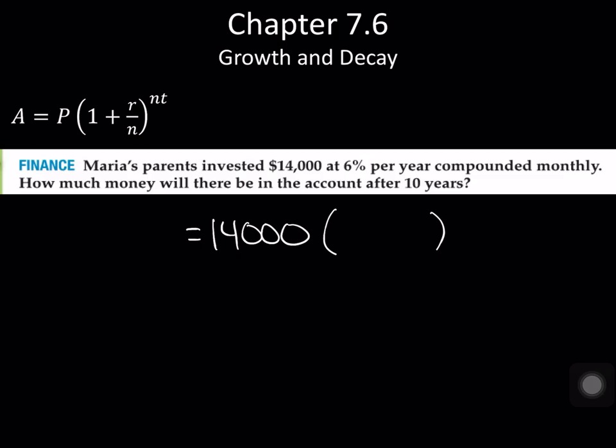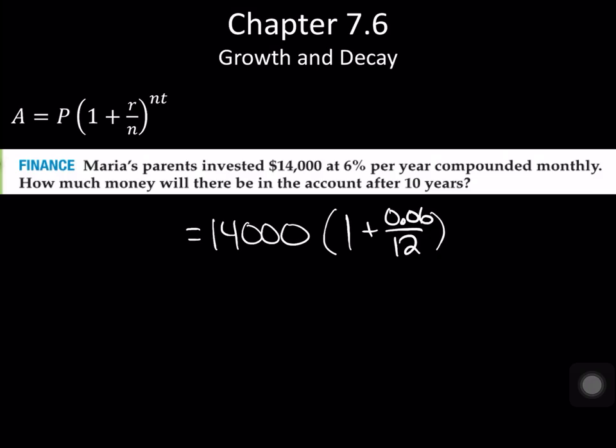So if we're compounding once a month, in a year, how many times would we add interest? 12 times, okay? So our formula says we're going to do 1 plus, and then we've got our rate expressed as a decimal, so 0.06, divided by N, the number of times we're compounding. We're compounding monthly, so that's going to be 12 times in a year.